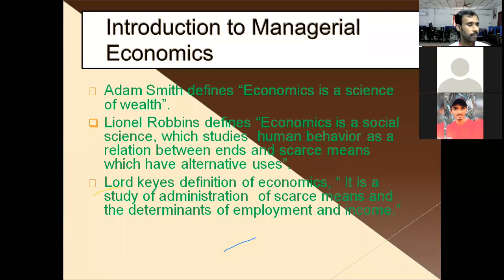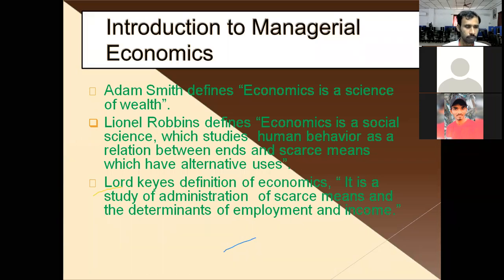This definition says we maintain a proper balance between your earnings and limited money. So these are three definitions of economics I've quoted in my presentation. There are altogether 14 to 17 definitions proposed by many economists, and I've quoted three of them here.